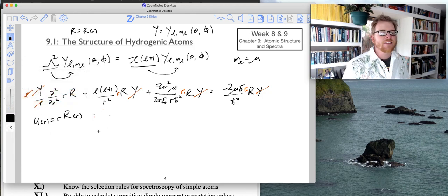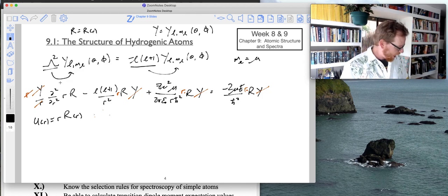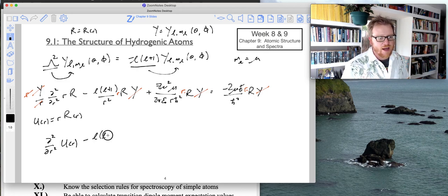And again, this is not something I'd expect you to just say, oh, multiply everything by r, and then come up with this new function u of r. This is standard manipulation because it's going to make the differential equations easier to solve. And so now when I rewrite this equation, I've got the second partial with respect to r, acting on u of r, minus L times L plus 1 over r squared times u of r.